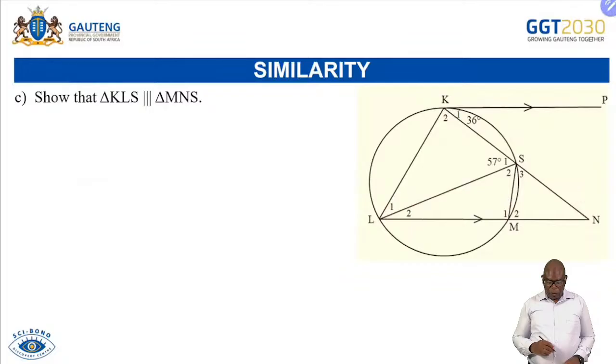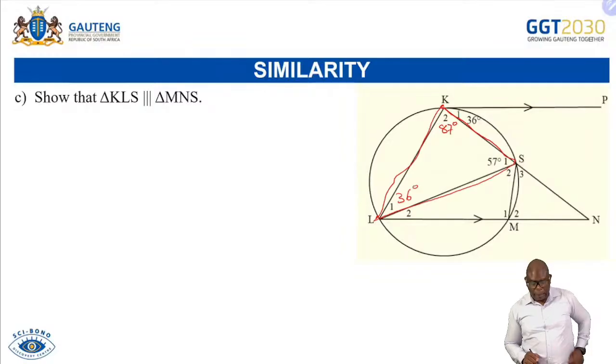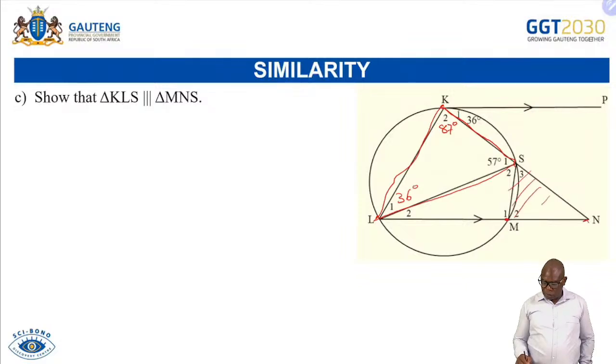And in the last question there, show that triangle KLS, this triangle here, which has got 87 there and it's got 36 there, is similar to MNS. So I'm just going to shade this one here.